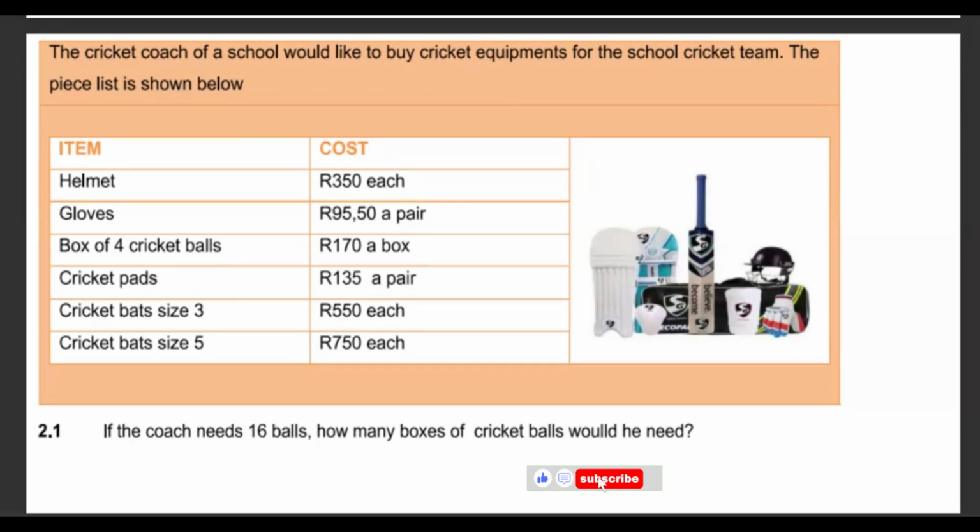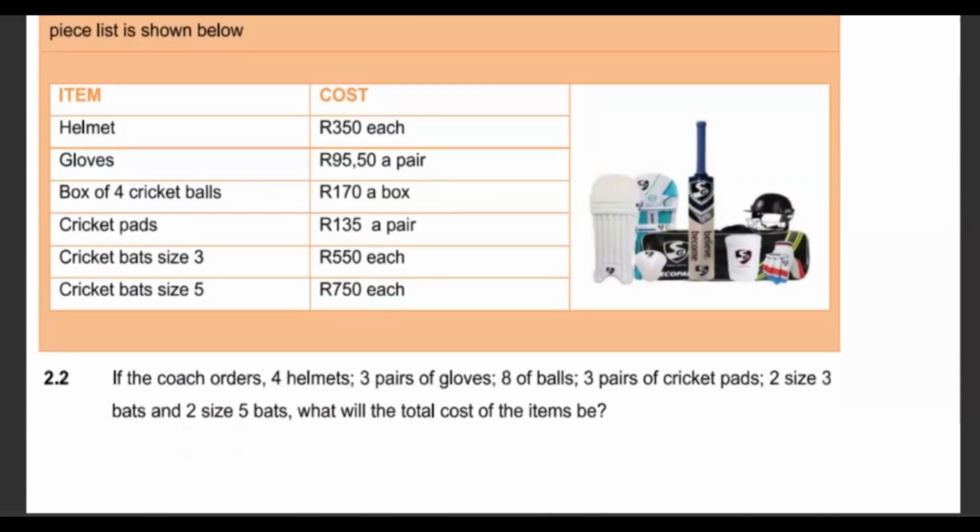Only one box, a box of 4, which simply means 16 divided by 4. So the coach will buy 4 boxes.